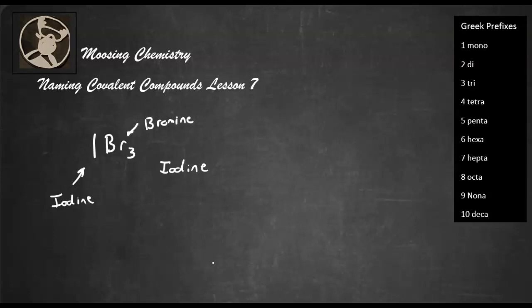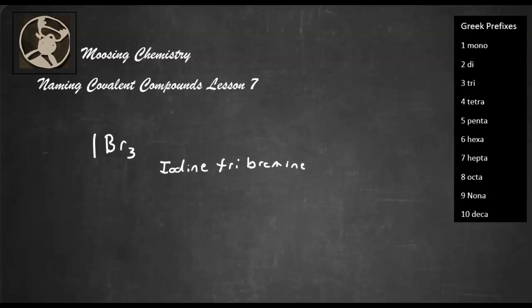So now we are going to go ahead and name this. We know that's iodine, and we know that this, of course, is bromine. However, we're not going to call it bromine. So if you were to write iodine bromine, you would be wrong.